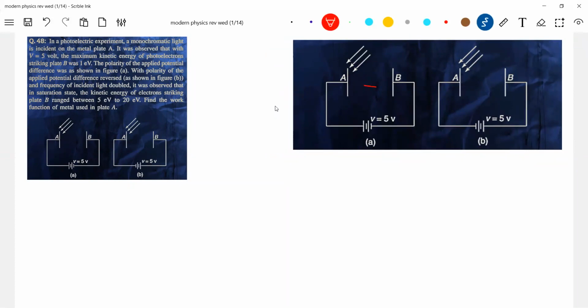So this will be E bar direction, no? E bar due to what? Due to applied potential. This is a very important part: when you apply any potential difference across a photoelectric tube, there's a condition we will put.